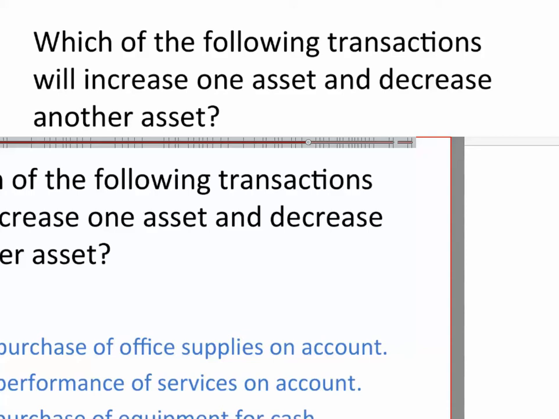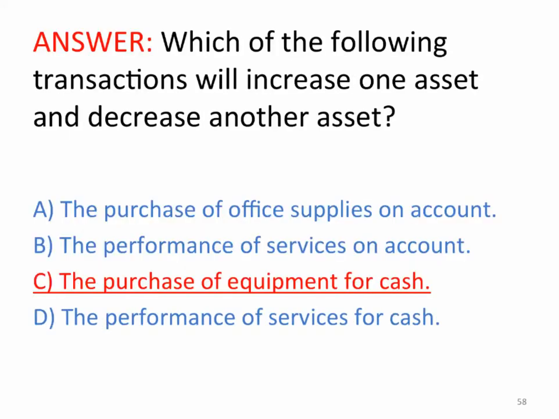Now C, which incidentally is the answer, and I did hear it, so good answer. The purchase of equipment for cash. We're increasing equipment, which is an asset, and we're decreasing cash, which is also an asset. So the answer here has to be C. And the performance of services for cash, again, performance of service is service revenue.